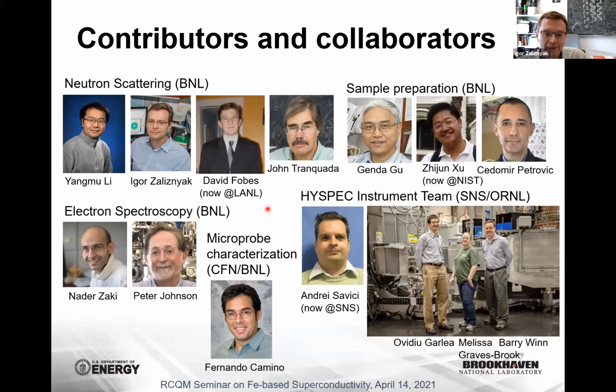That was done at the Brookhaven Center for Functional Nanomaterials in terms of chemical and resistance microcharacterizations in collaboration with Fernando Camino, and then the very comprehensive characterization using micro-resolved ARPES measurements in collaboration with Peter Johnson's group. In particular, Nader Zakia performed a lot of measurements which were analyzed and systematized by Yang Mu to obtain the results that I'm going to report to you here.